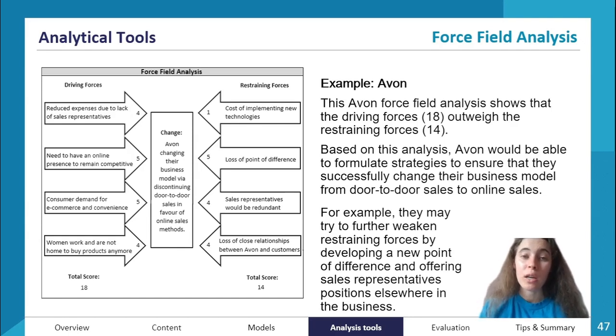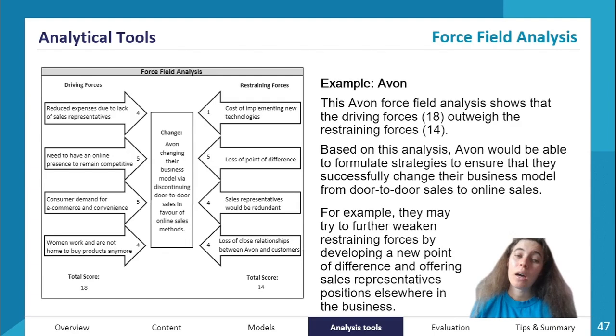So competition is a huge driver of change in this example, because while Avon was successful back in its time using that door-to-door method, because changes happened in society, that no longer was going to be sustainable, and it wasn't keeping up with competition.